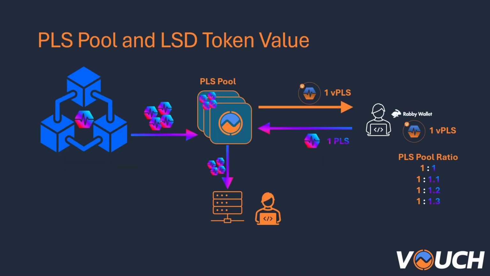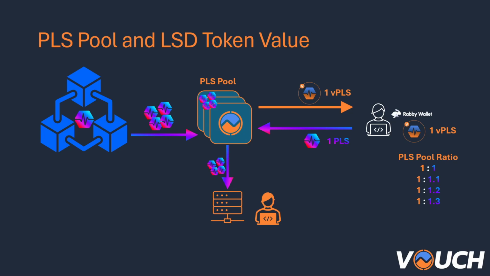So we mentioned the rewards going back into the Vouch smart contracts. The validating operator, he still gets his share of the rewards. He's put up a stake, he's doing the work, so he gets his share of the rewards, paid out in Pulse. However, the users that have deposited their Pulse into the Vouch smart contract, they don't get a direct feed of Pulse coming out to them.